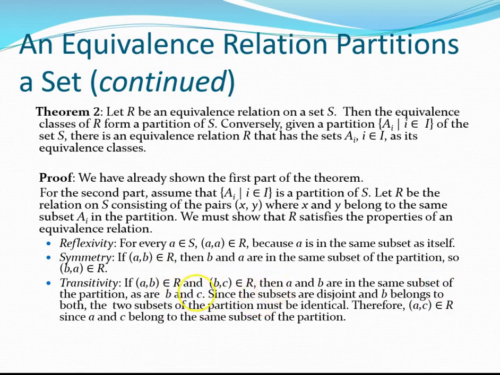But the subsets are disjoint, so b cannot belong to two different subsets, and they must be identical. Therefore, a and c belong to the same subset of the partition, and this means that the pair a, c is in the relation.